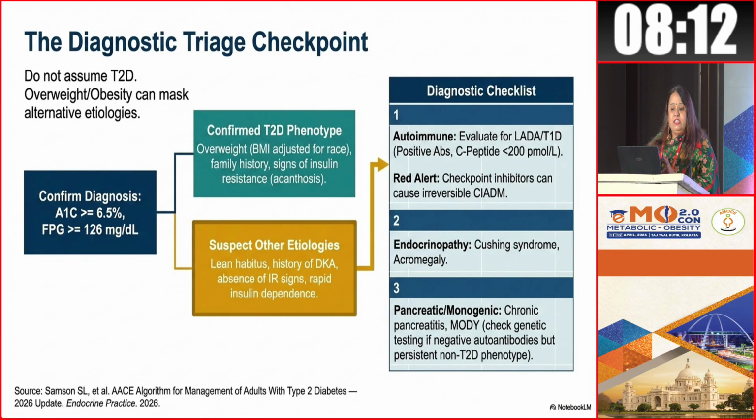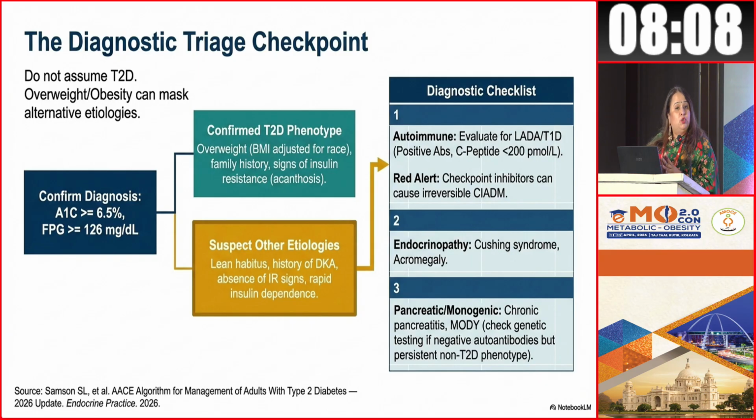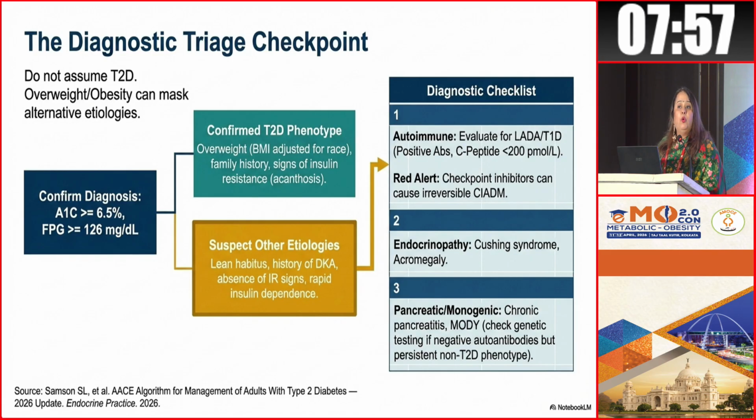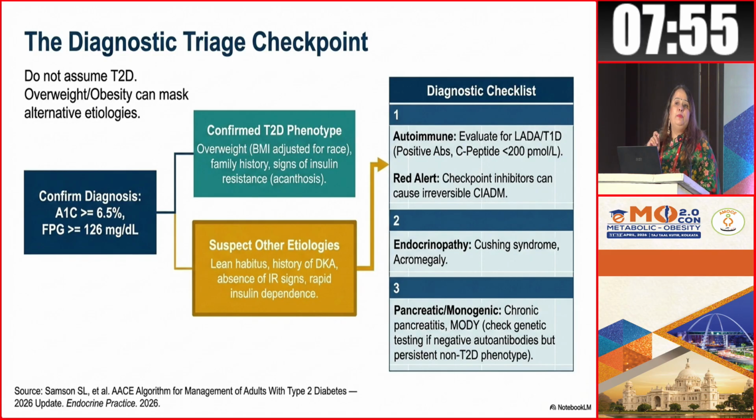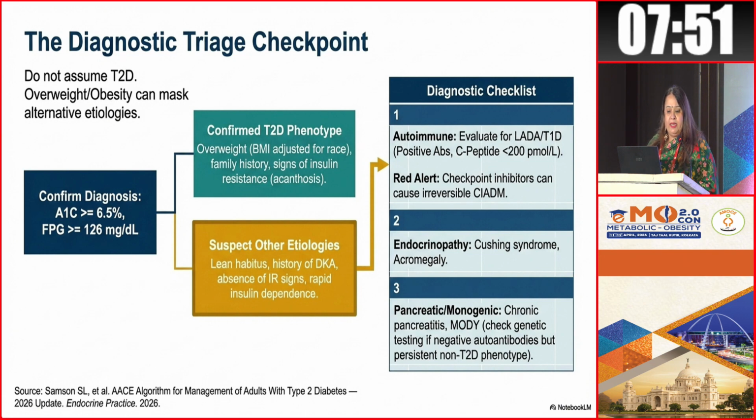Now the diagnostic triage checkpoint, and very clearly they are telling us do not assume it's type 2 diabetes, because you're just used to seeing that and starting off with what you would for type 2 diabetes. Definitely don't do that. Consider each patient very specifically with respect to the profile.